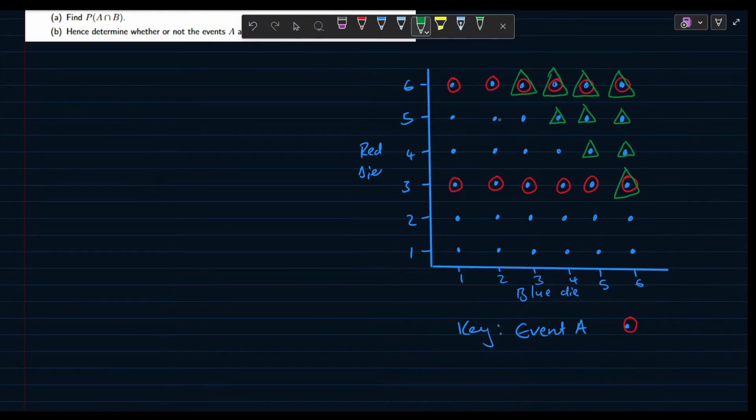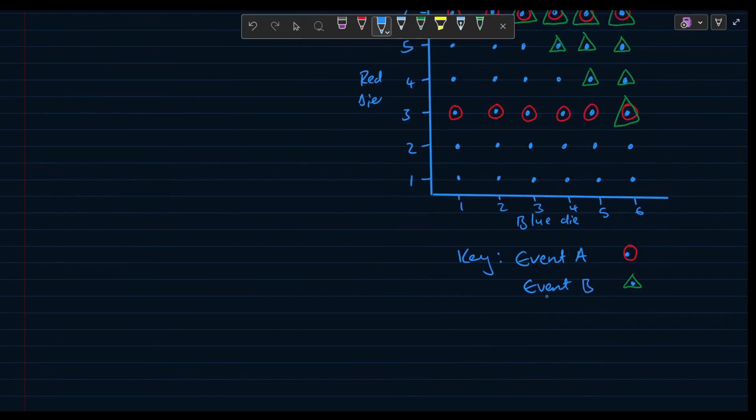And on our key, event B is going to be a blue dot surrounded by a green triangle. So we can say that event A intersection B is going to be a blue dot surrounded by a red circle, which is surrounded by a green triangle.